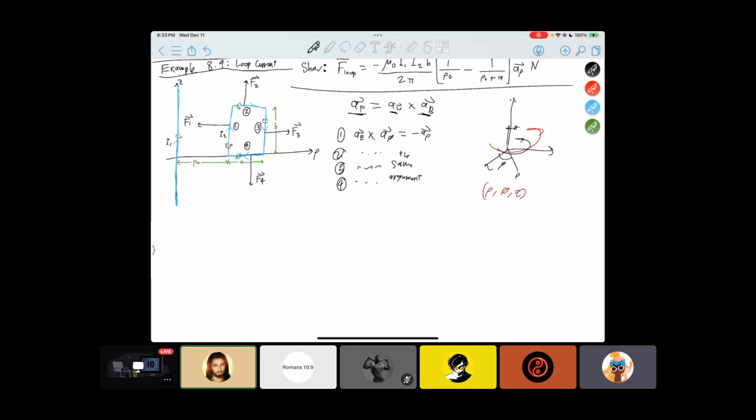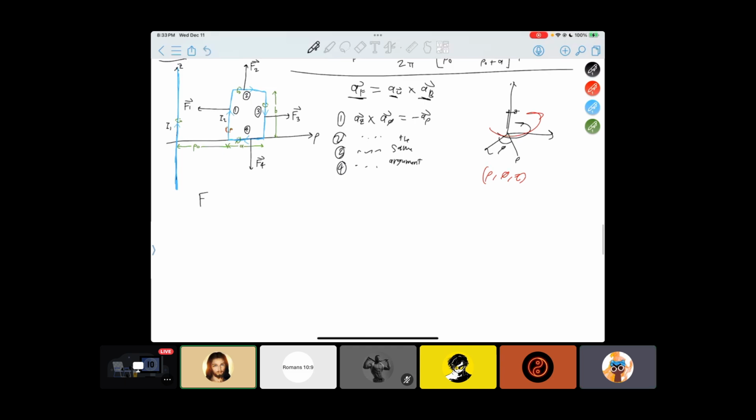So now the force on the loop is basically F1 plus F2 plus F3 plus F4, right? That's just by default. If you want the force of the whole loop, just add F1 plus F2 plus F3 plus F4. There you go. And might as well make it vectors.